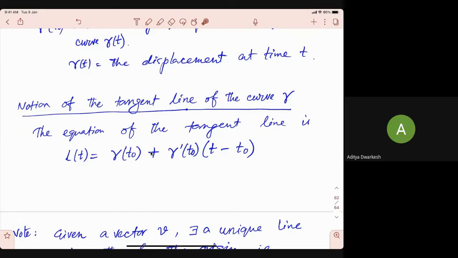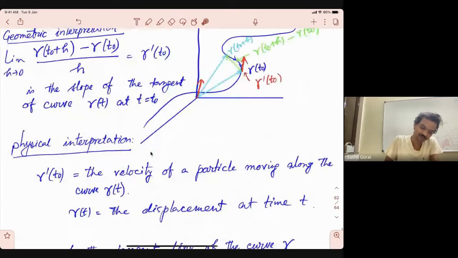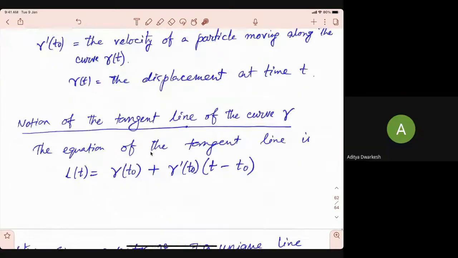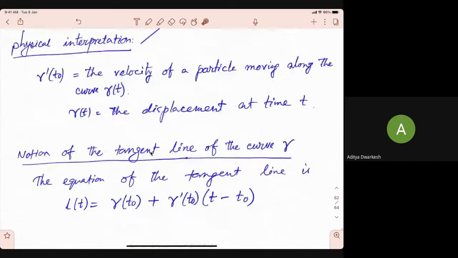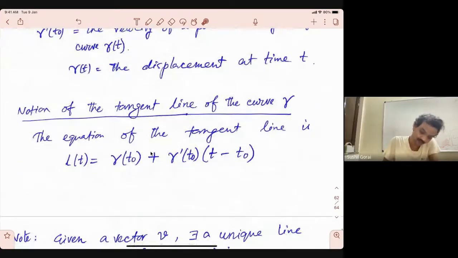Okay, so got it, and this one is shifting t naught to the origin in the beginning. So first we shift from the origin to t naught, and then from t naught to gamma t naught. Oh no! From t naught to origin. See, at t equal to t naught, it is zero.